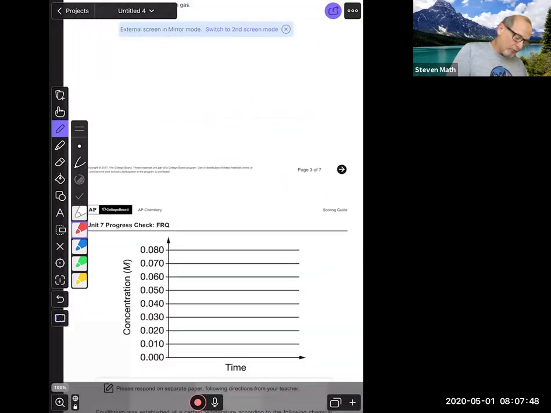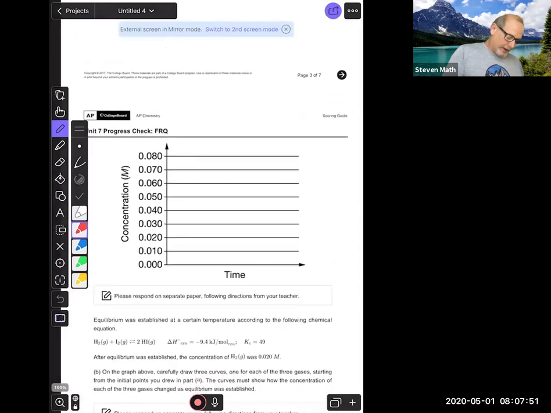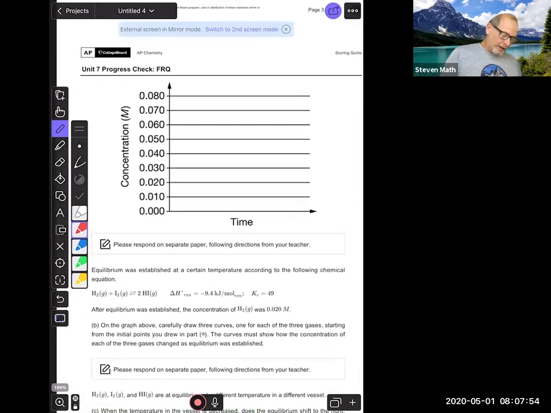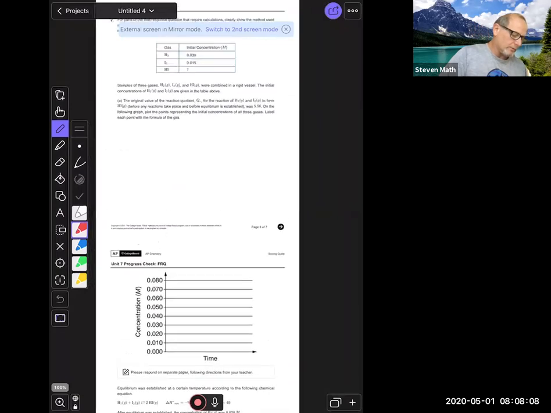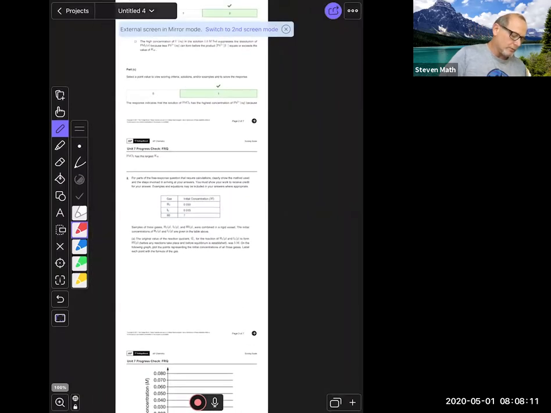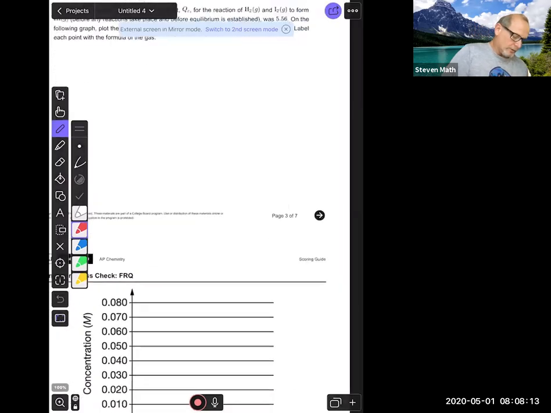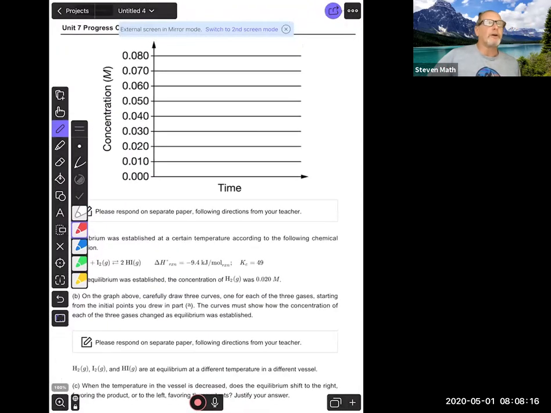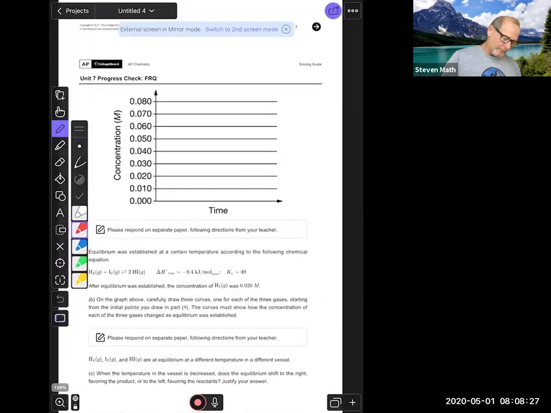Two is going to have us graph something, and it says equilibrium's established. We've got the HI equation. Okay, so let me get to the graph part here. It says the diagram's got to meet the following. Pardon my split screen here.